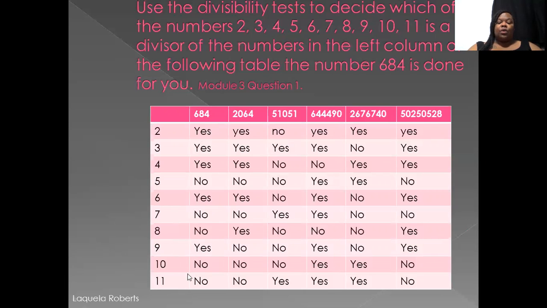By 10, no. And by 11, no. So what you would do here is the same thing as the first example I just showed. You're dividing it by those numbers to the left to see if they are divisible by the number, okay?